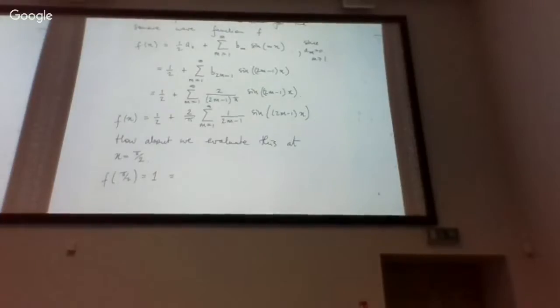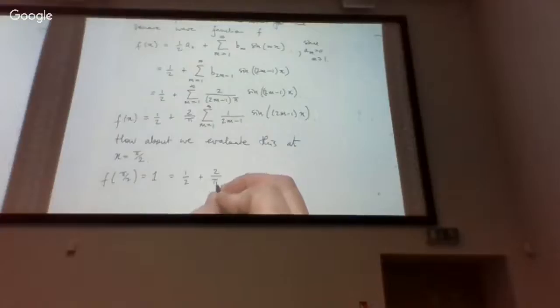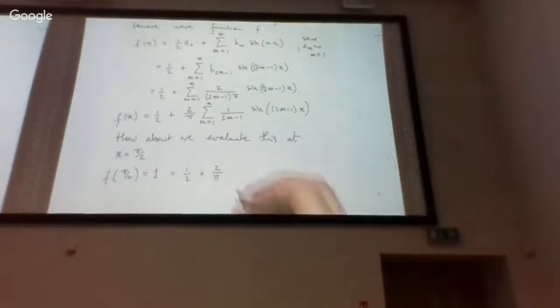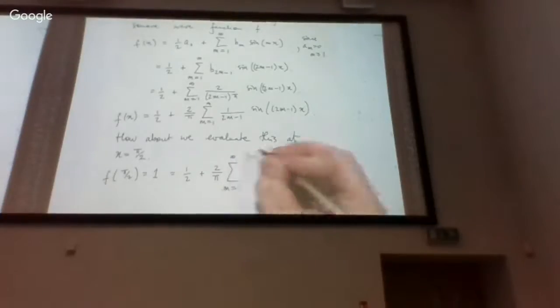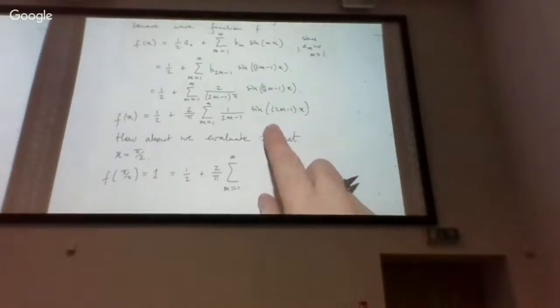But let's look at the Fourier series. Well, the Fourier series is a half, plus 2 over pi. Can I do this in my head? Let's try and do it in my head. We're putting in pi over 2, so our sines are going to be sine of an odd multiple of pi over 2.